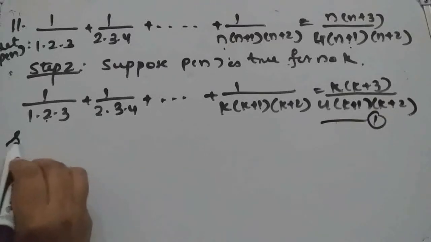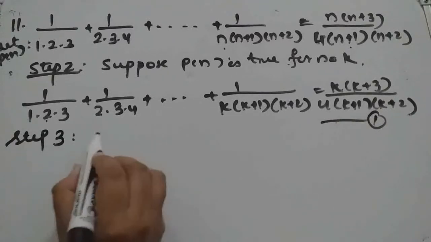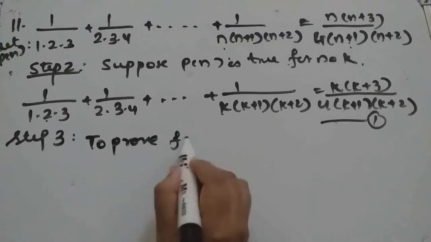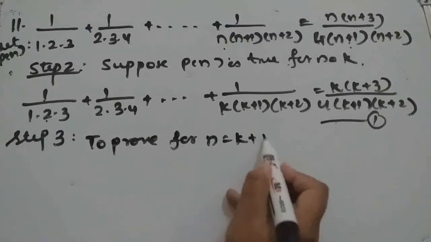Step 3 is what? Step 3, to prove for n equal to k plus 1.